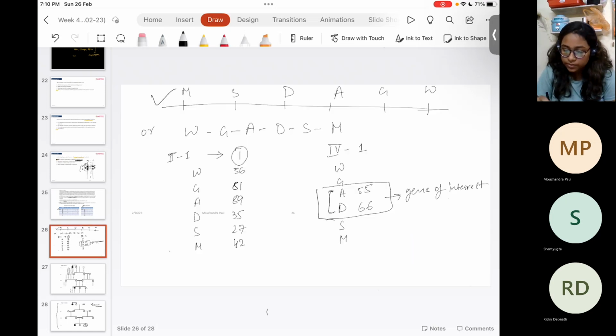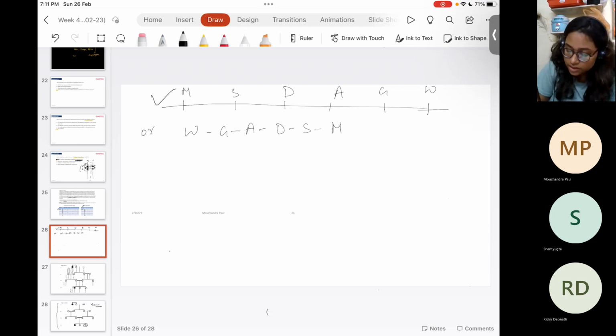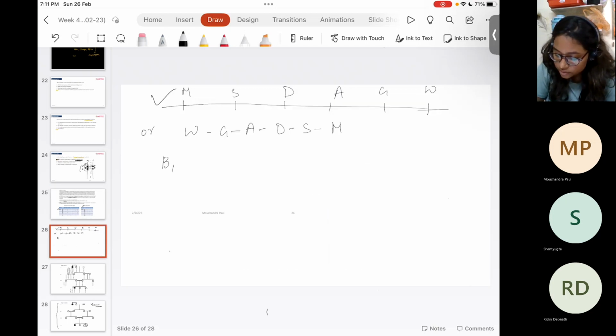So how will we do that? Again, we will write each bag at a time. In B1, they saw that G1 is present.